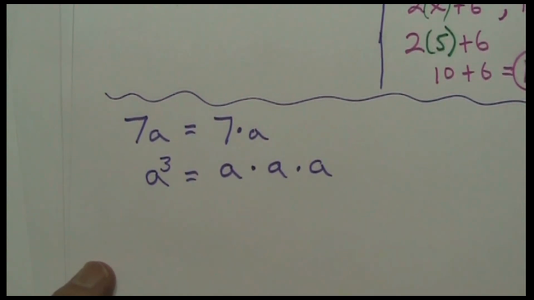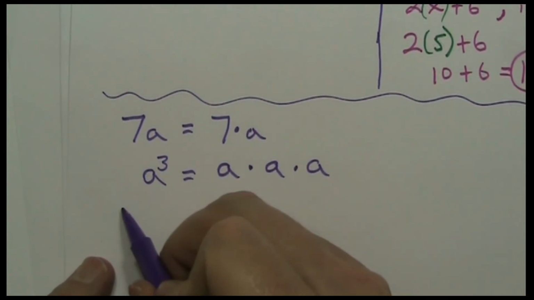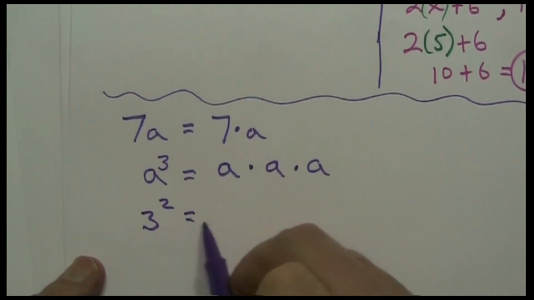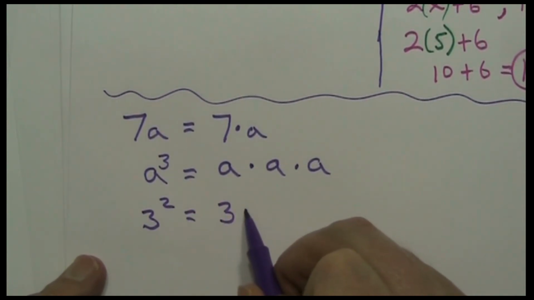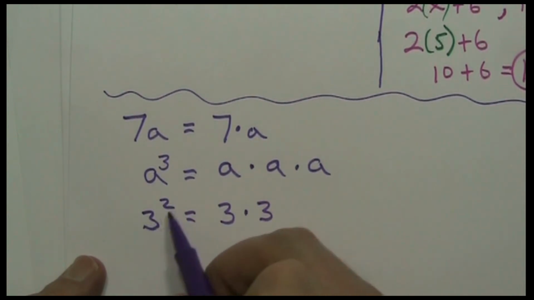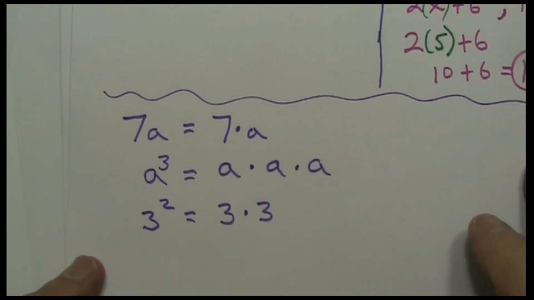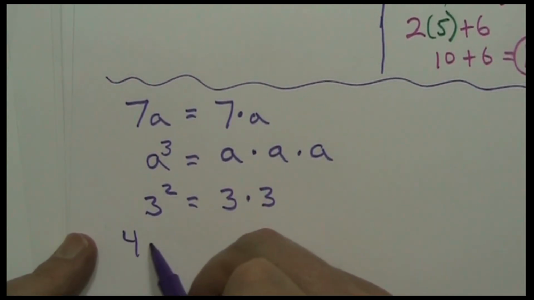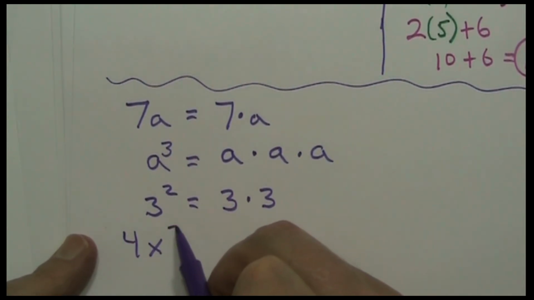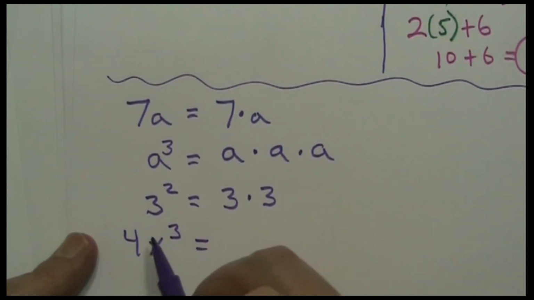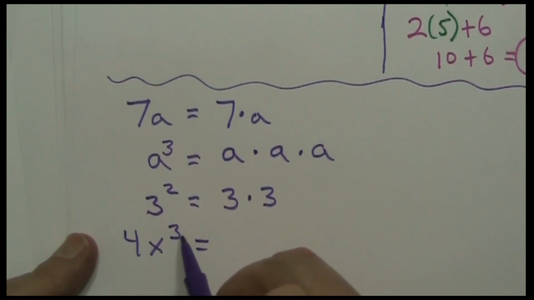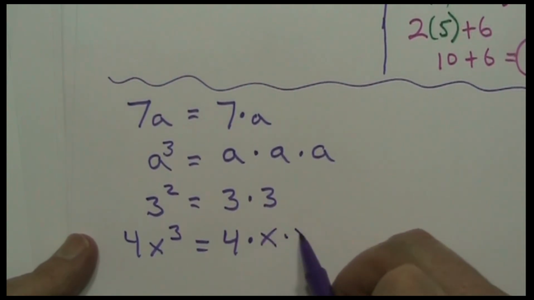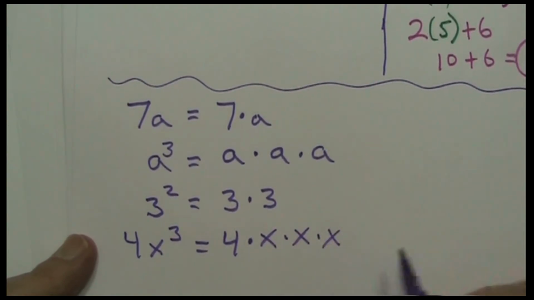All right, it's 3 a's. If you see something like 3 squared, that is 3 times 3, right? It's 3 twice. If you see 4x to the third, that's 4 times x to the third. That's 4 times x times x times x.